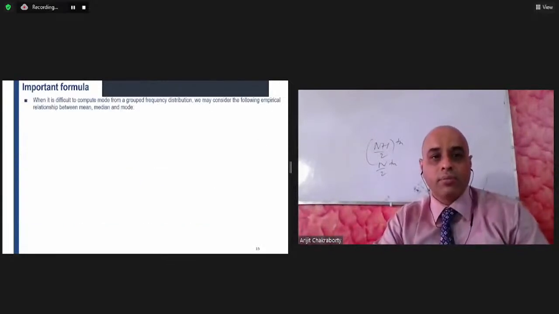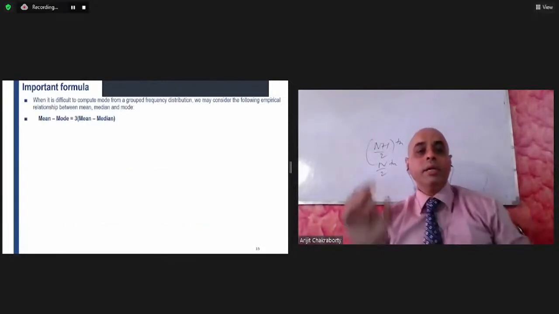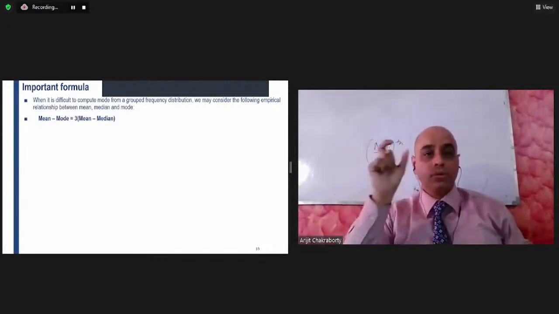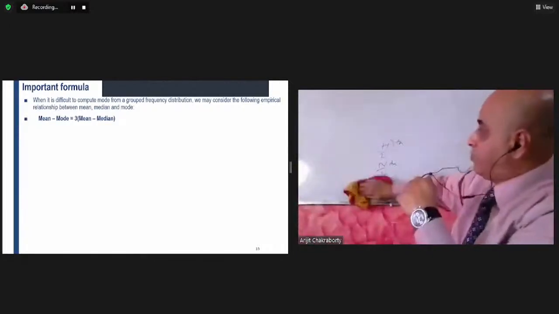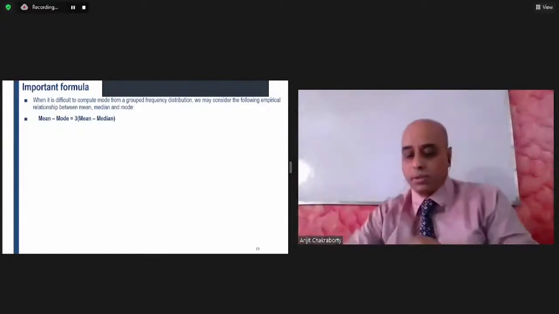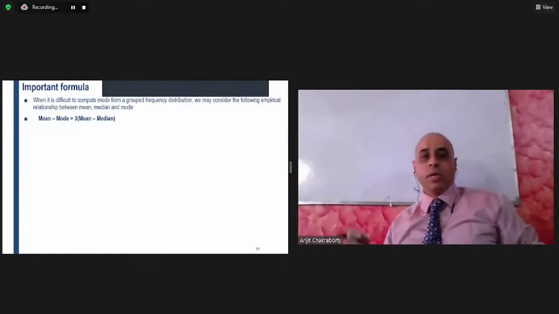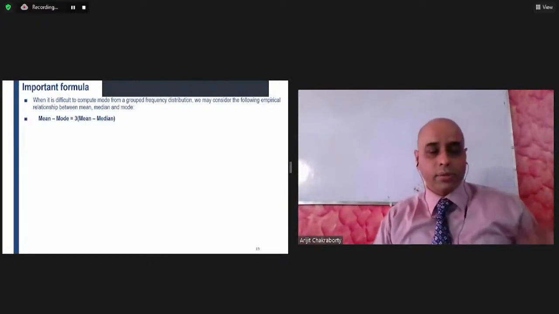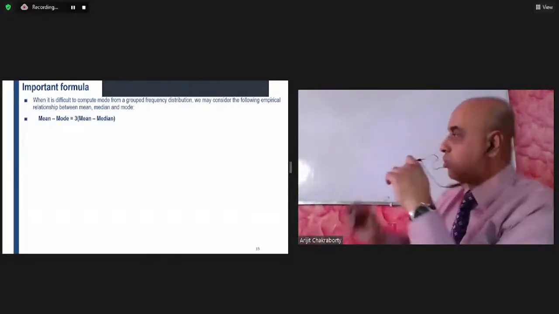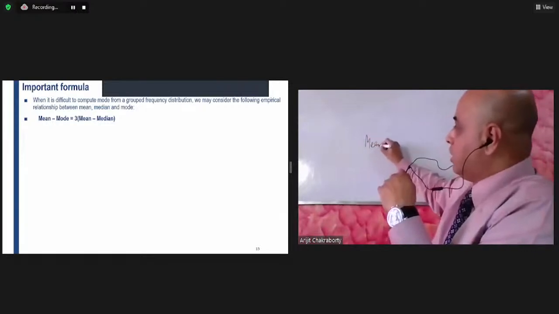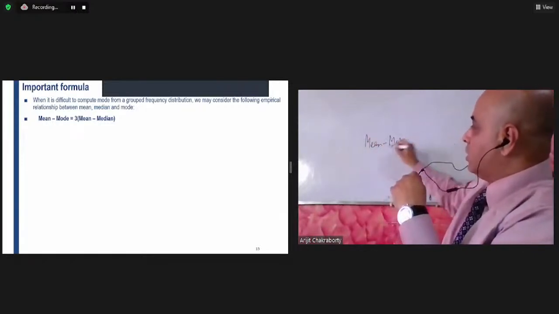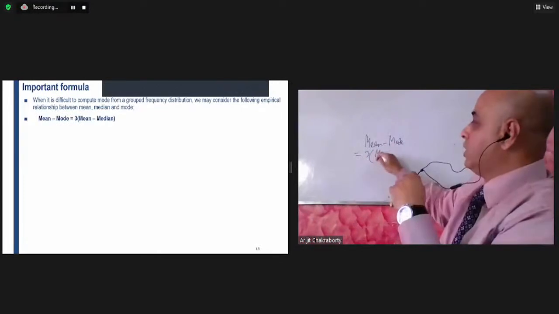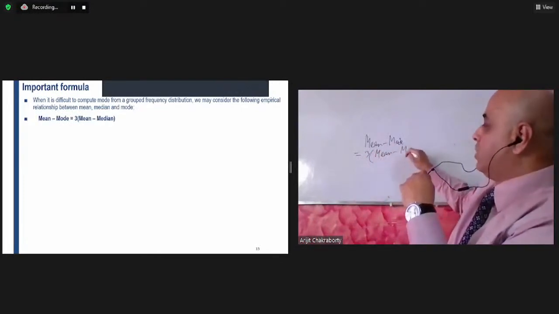Now, one important formula, very, very important: mean minus mode equal to 3 into mean minus median. Please note, mean minus mode. A lot of questions are coming from this type of formula. So I'm writing here mean minus mode equal to 3 into mean minus median.